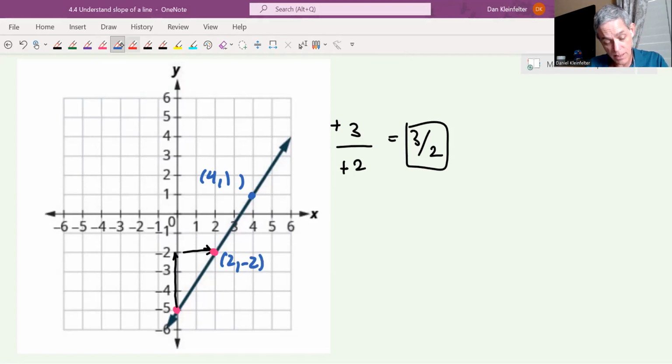Well, here it would take a vertical change of 1, 2, 3, followed by a horizontal change of 2. That's still a slope of 3/2. Also, if instead of going from the lower left to the upper right, you went from the upper right down to the lower left, you would also have the same result.